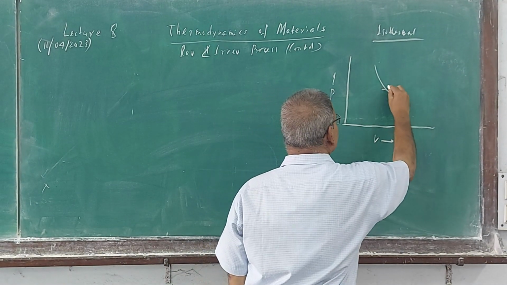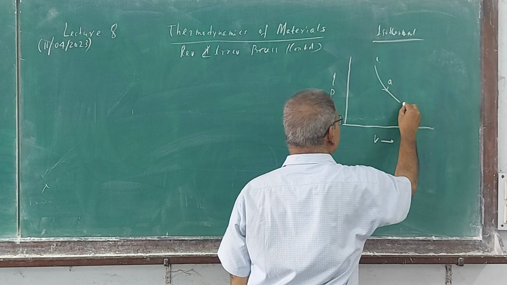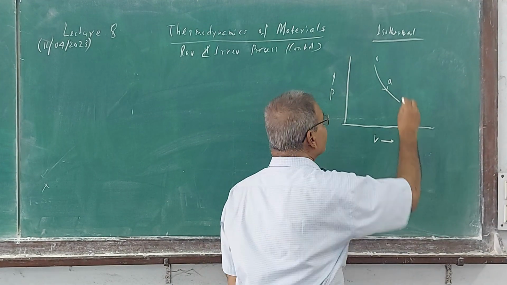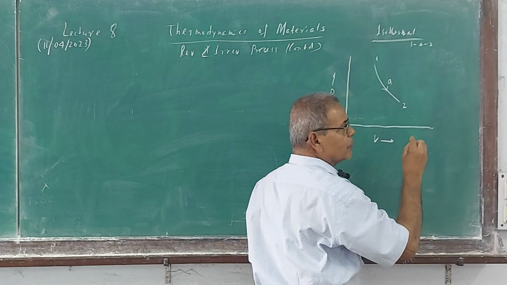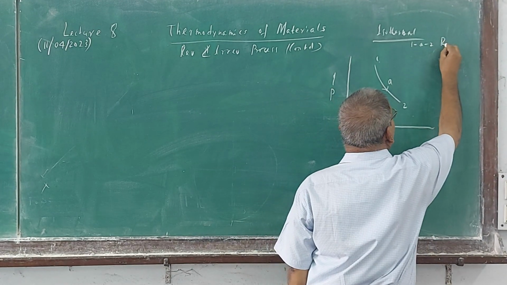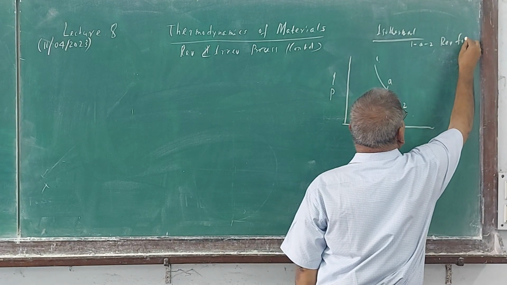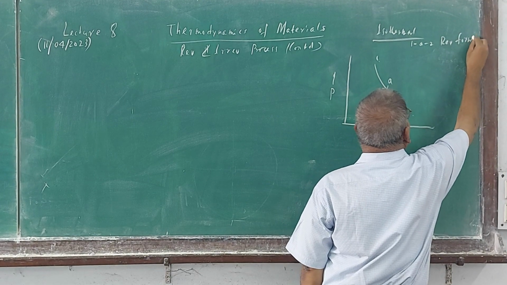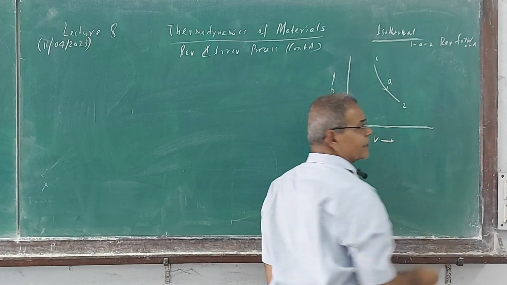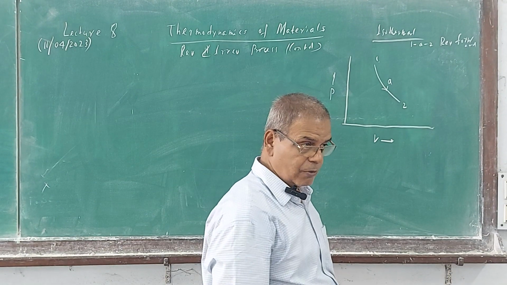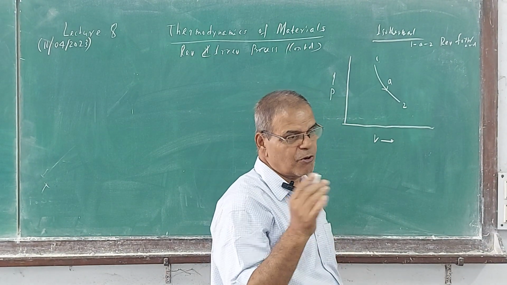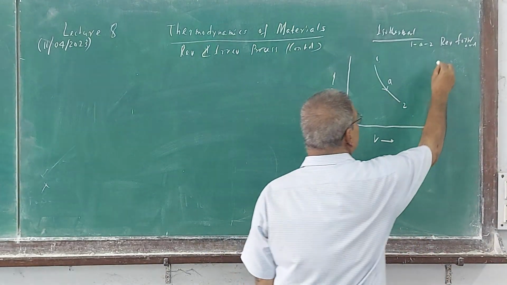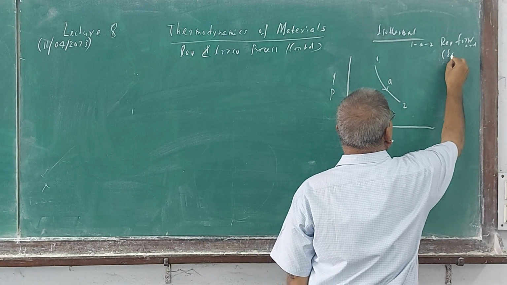This is forward. Let me write. 1A2 is what? 1A2 reversible forward. Forward means expansion. Expansion, work done by the system, and positive all go hand in hand. So expansion. Gas expansion.